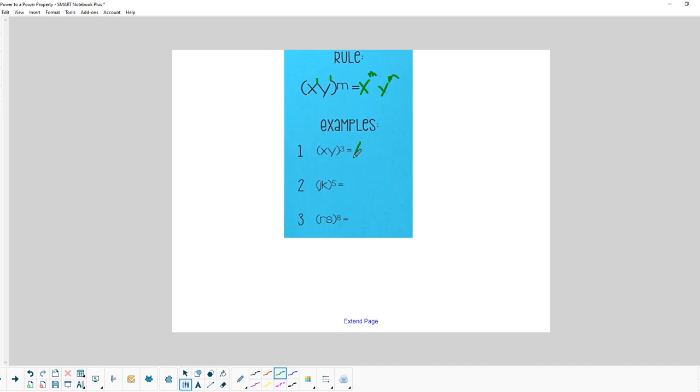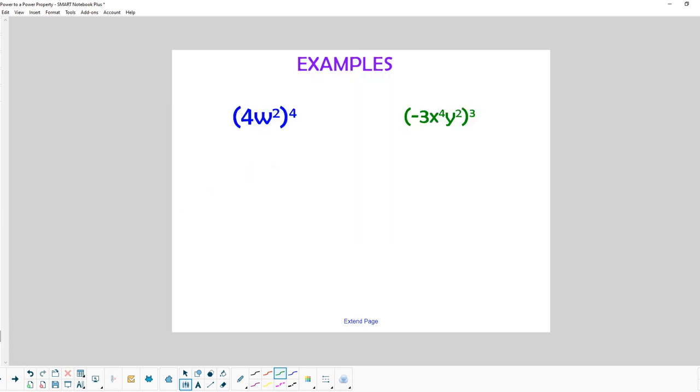The next one, x to the third, y to the third. The next one, j to the fifth, k to the fifth. And then the last one, r to the eighth, s to the eighth. So pretty easy rule to remember.